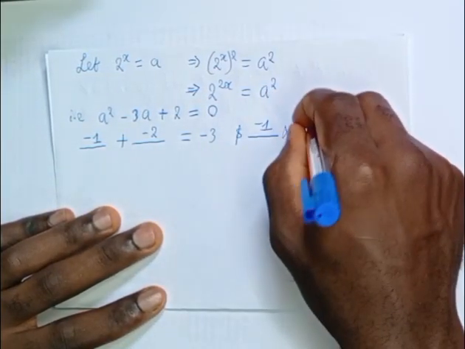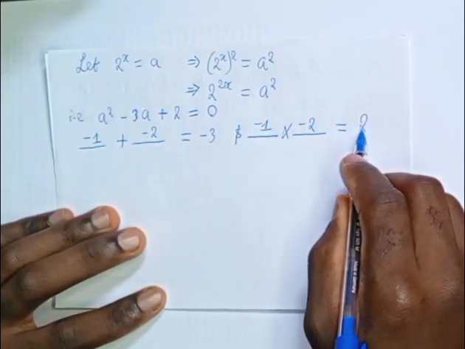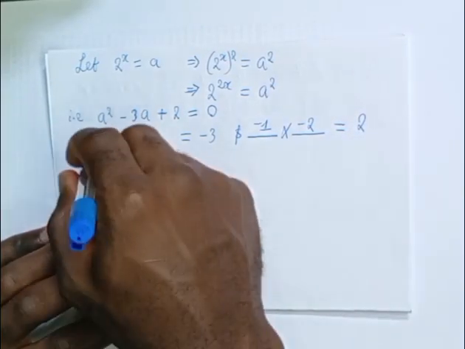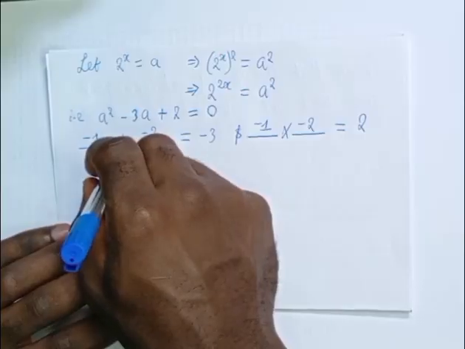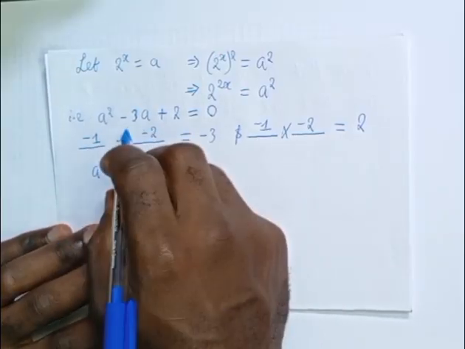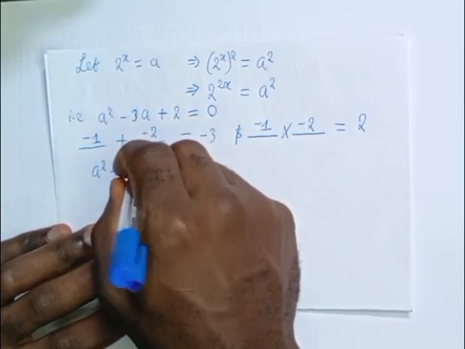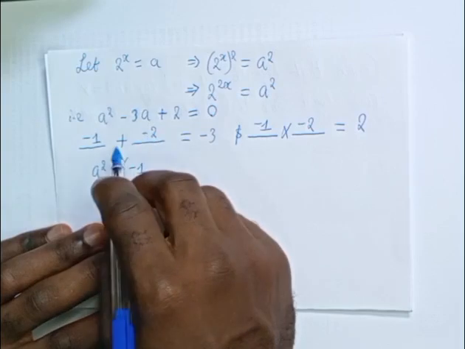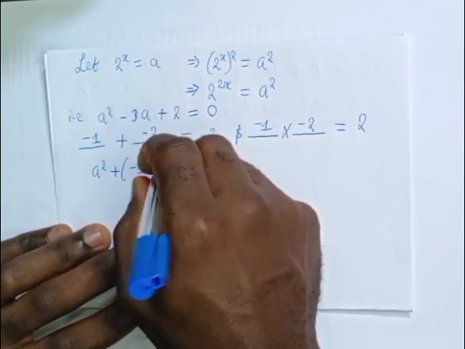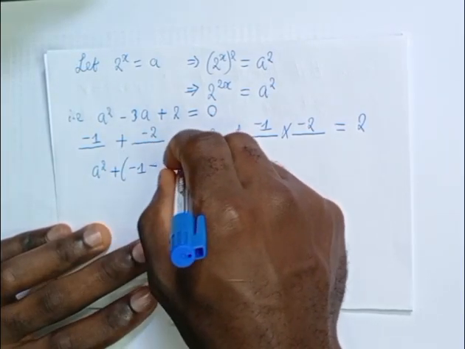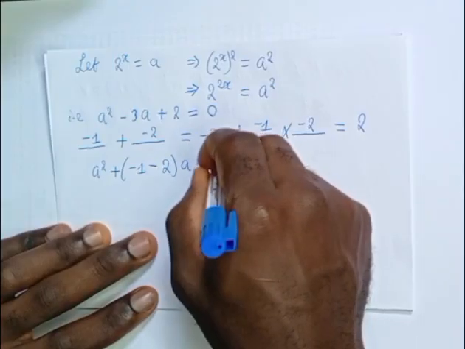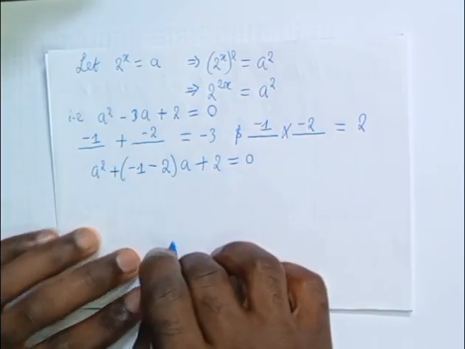Negative 1 times negative 2 gives us positive 2. This will give us a squared plus, we are going to replace negative 3 with negative 1 plus negative 2, so negative 1 minus 2, multiplied by a, plus 2, and we equate it to 0.